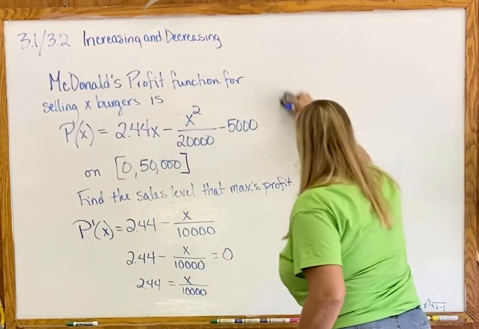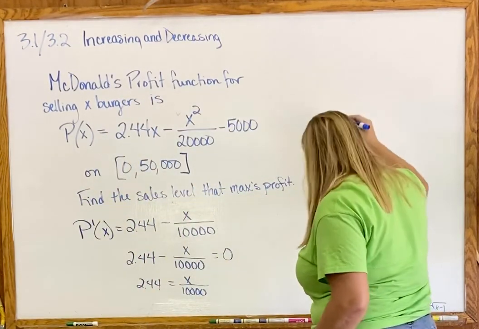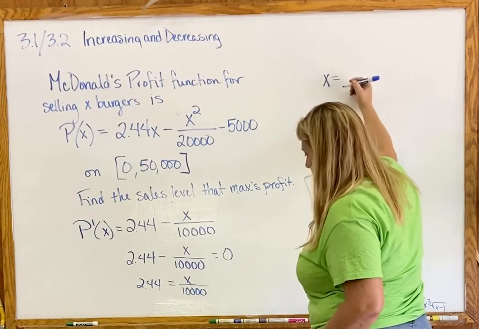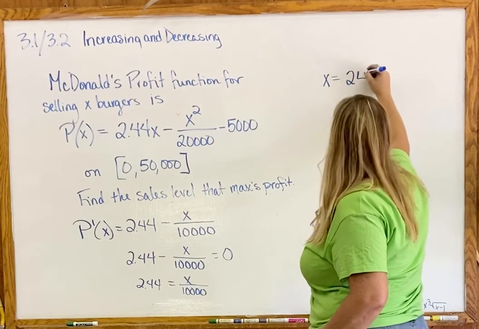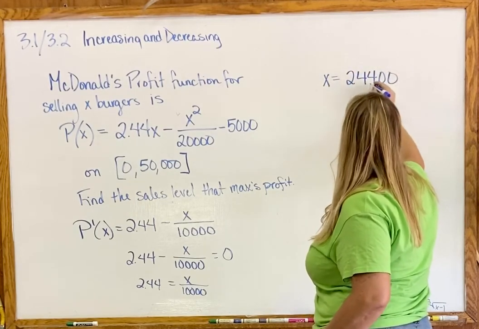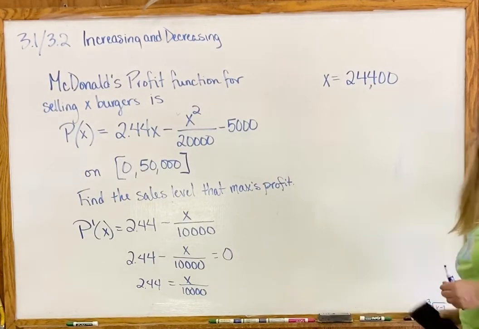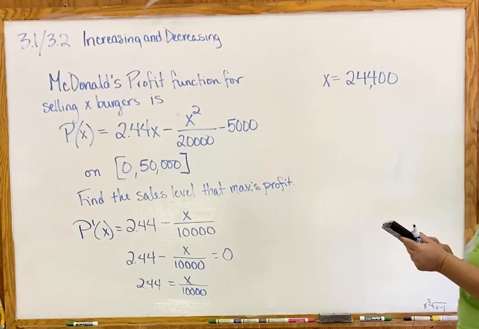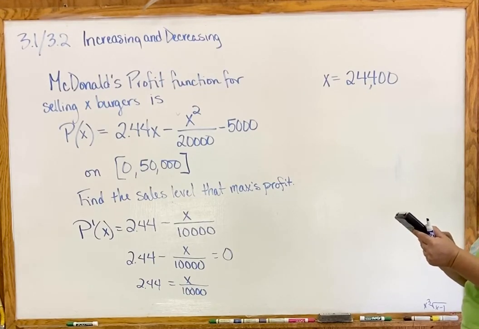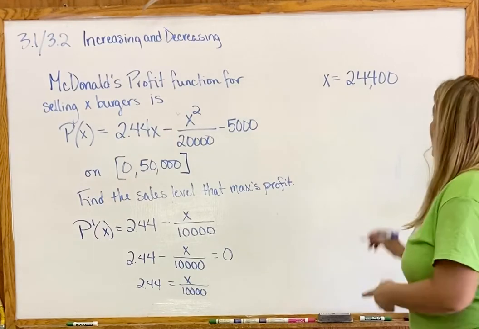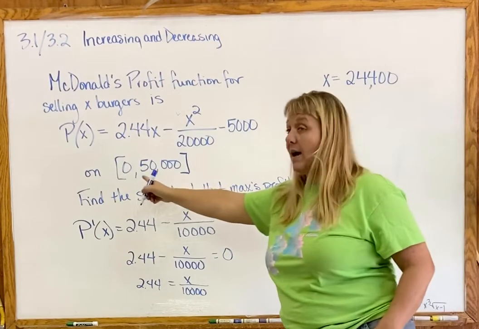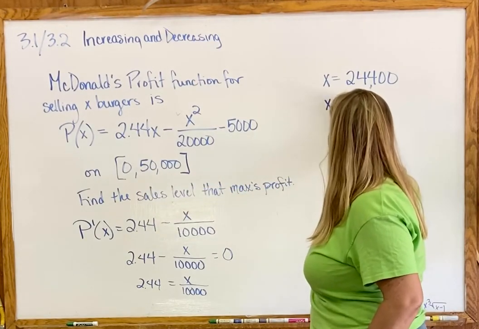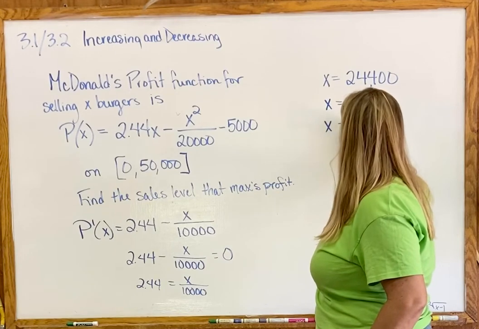That will give us x is equal to, move the decimal place over 4 units, 24,400. It's early in the morning for me, so let me just check that to make sure I got the right number of zeros. Yes, okay, just checking. So we've got 24,400. That's a critical value. We also had a critical value of 0 and a critical value of 50,000.